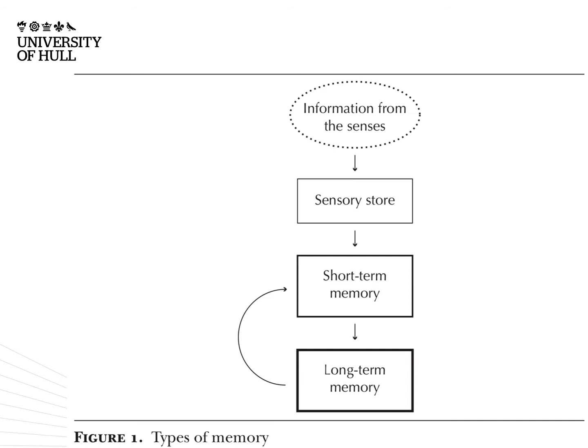This is a diagram illustrating the types of memory and indeed the process whereby we memorize things. Everything that we learn and therefore memorize comes from the senses, visually, audibly, and in other ways. Within teaching, it's usually visual and oral.